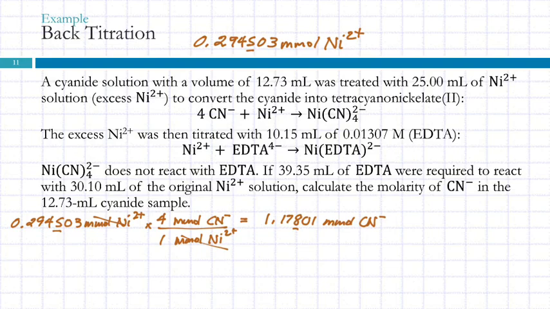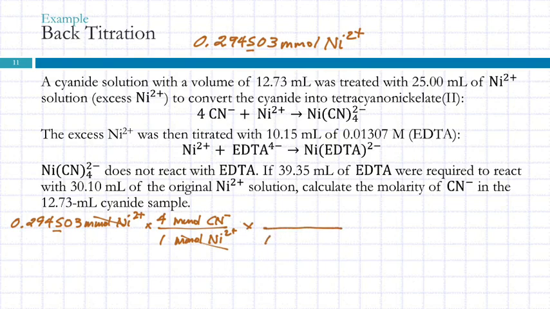And then what are we trying to do with that? We want the concentration, the molarity of cyanide in that original sample, which was 12.73 milliliters. Okay, I'm going to do it this way. So instead of stopping there, we want to go to the molarity.